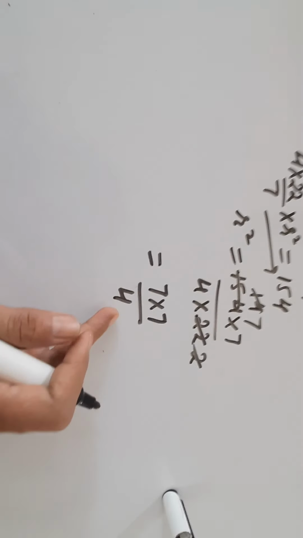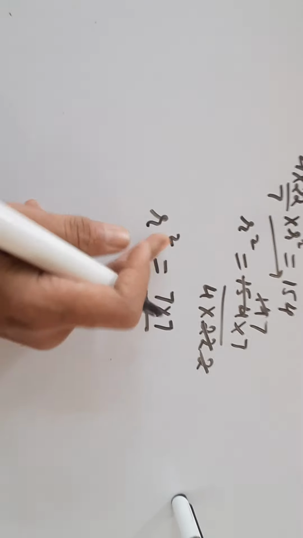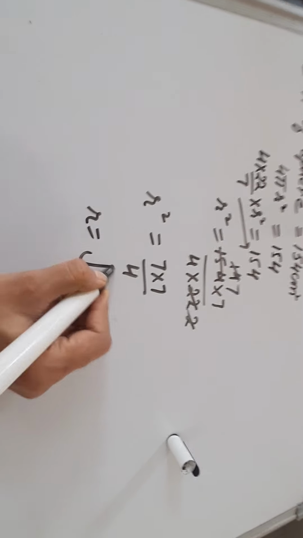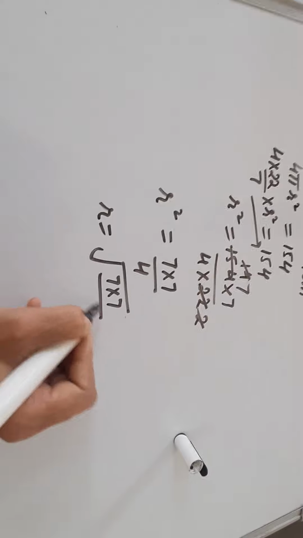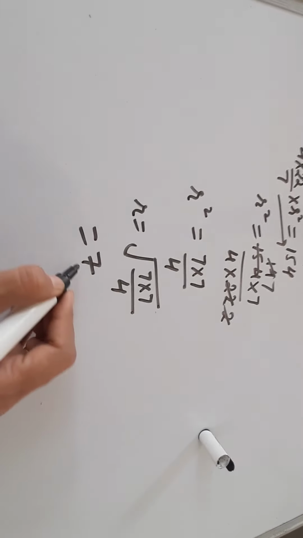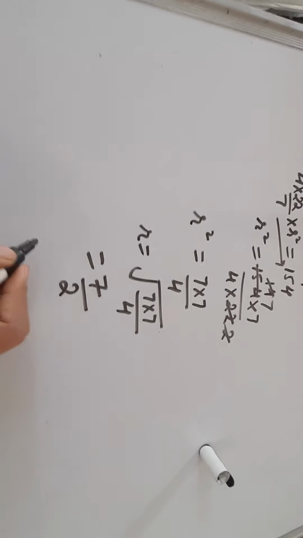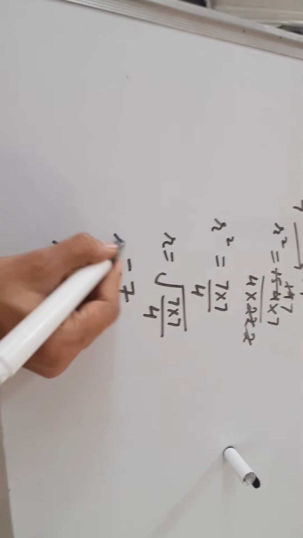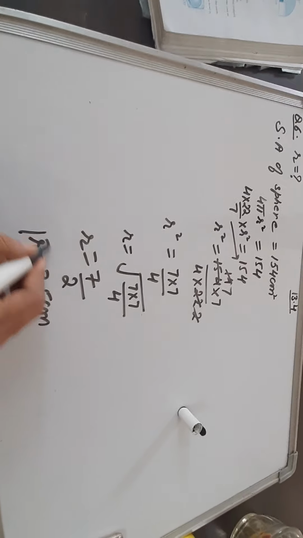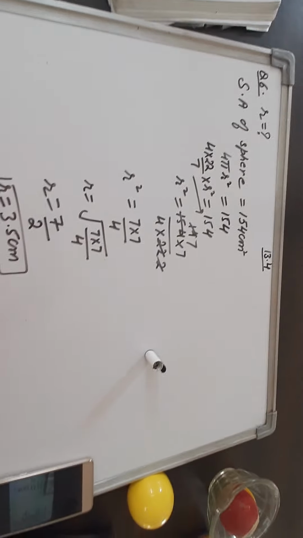So 7 into 7 by 4. And when you take the square to the other side, you'll get square root of 7 into 7 by 4. So out of this pair we'll take out one 7, and the square root of 4 is 2. So therefore the radius will be 3.5 centimeter. So the question is very easy.